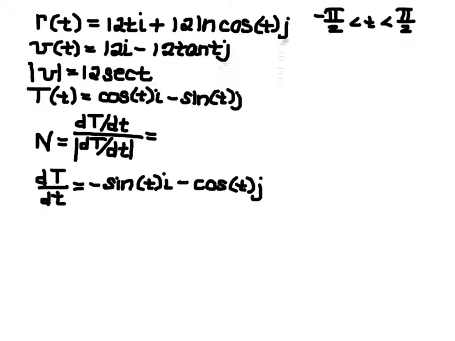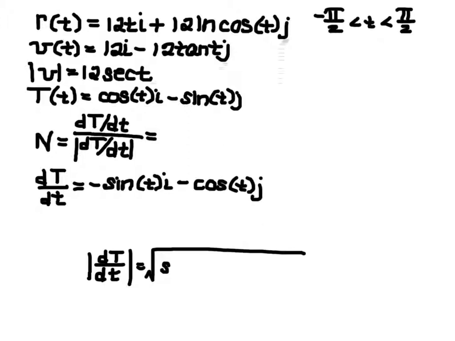And so now if we want to find the magnitude of the derivative of the unit tangent vector with respect to time, it's going to be the square root of the square of negative sine t, which is sine squared t, plus the square of the negative cosine of t, which is cosine squared t. And that's going to be equal to 1.